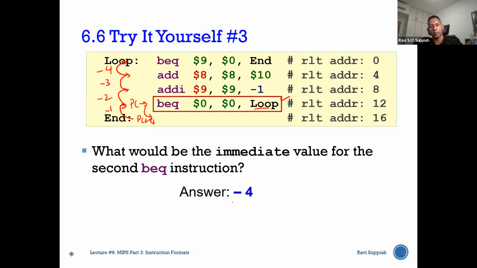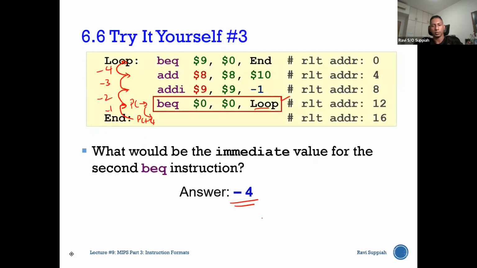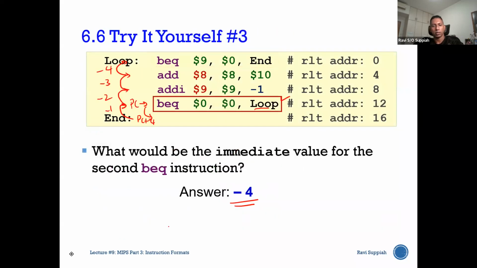Since we know that the immediate value is -4, we need to represent it in 2's complement and put it inside. Everything else will be the same: 4, 0, 0, and then -4. That will be the breakdown of the allocation of the bits.